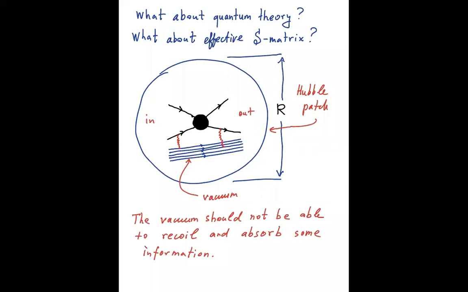In other words, the vacuum should be absolutely rigid, because otherwise, say you have some in states defined on some vacuum, but then during the scattering process the vacuum absorbs some information and recoils. Then every time you have to define out states on the vacuum, they are excited states on the vacuum. This will depend on the scattering process, and that makes it impossible to define the S-matrix. So this is very important.